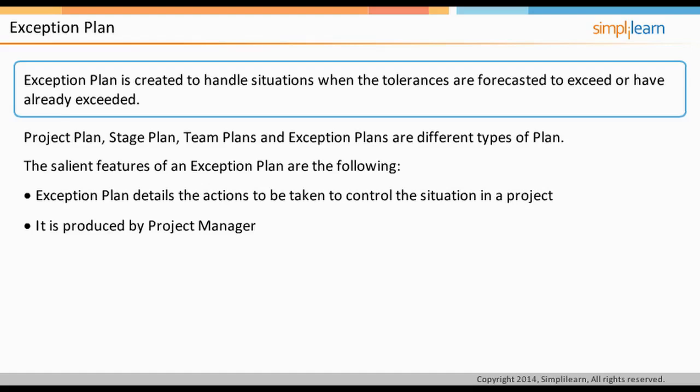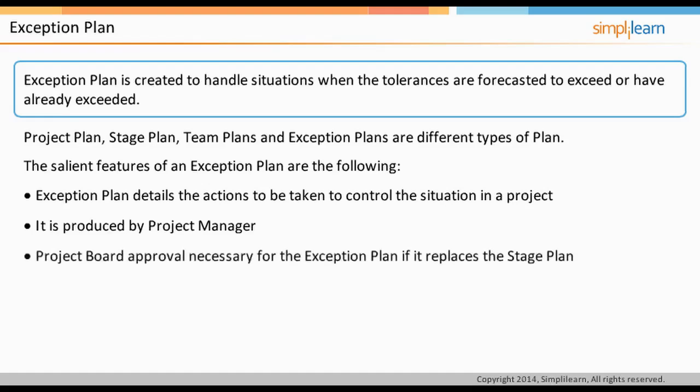If a stage plan is replaced with exception plan, this will require the approval of the project board. Replacement of a project plan should be referred by the project board to corporate or program management if it is beyond the authority of the project board. An exception plan picks up from the current plan actuals and continues to the end of that plan.